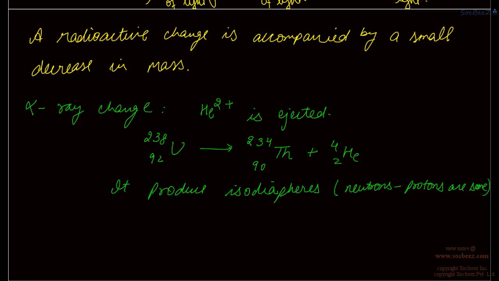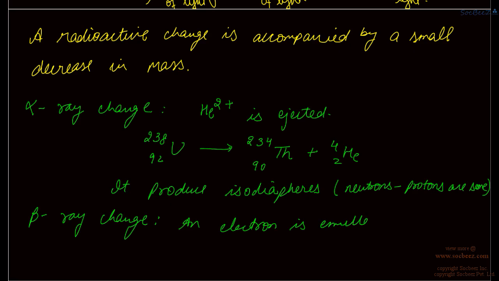Okay, so let's study beta change. Whenever beta ray change takes place, a beta particle, which means an electron, is emitted. A neutron in the nucleus is converted into a proton and an electron through a sequence of changes, and the electron is emitted as the beta particle.